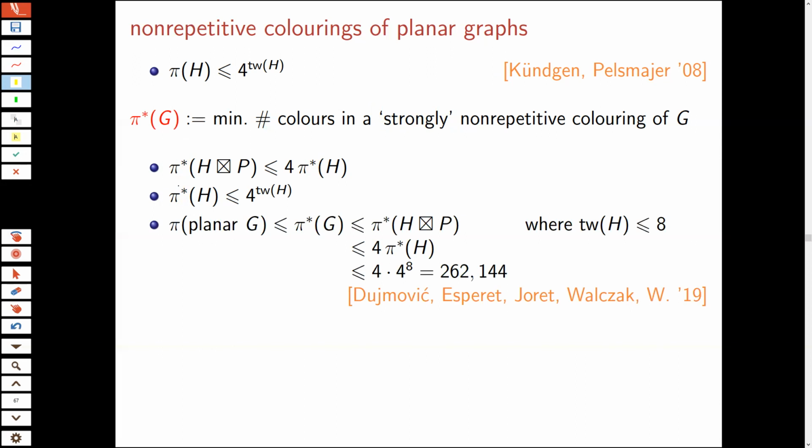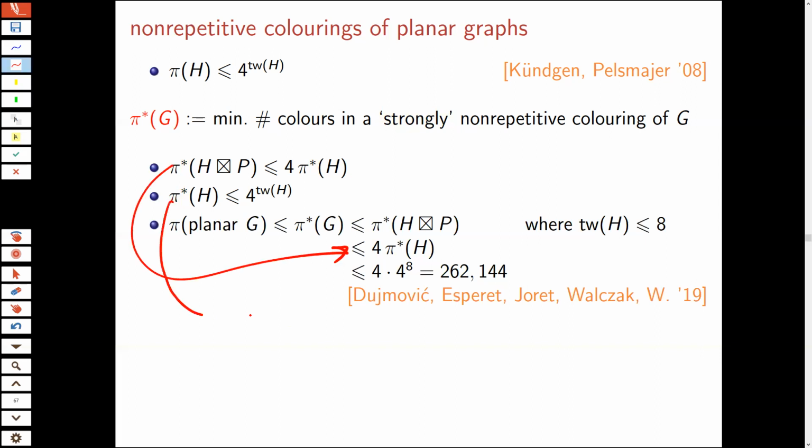Take any planar graph G, pi of G is at most pi star of G because it's stronger. G is a subgraph of H times P, where H has tree width at most 8, and non-repetitive colorings are closed under subgraphs. Then we apply the first lemma to the product and we get this inequality.